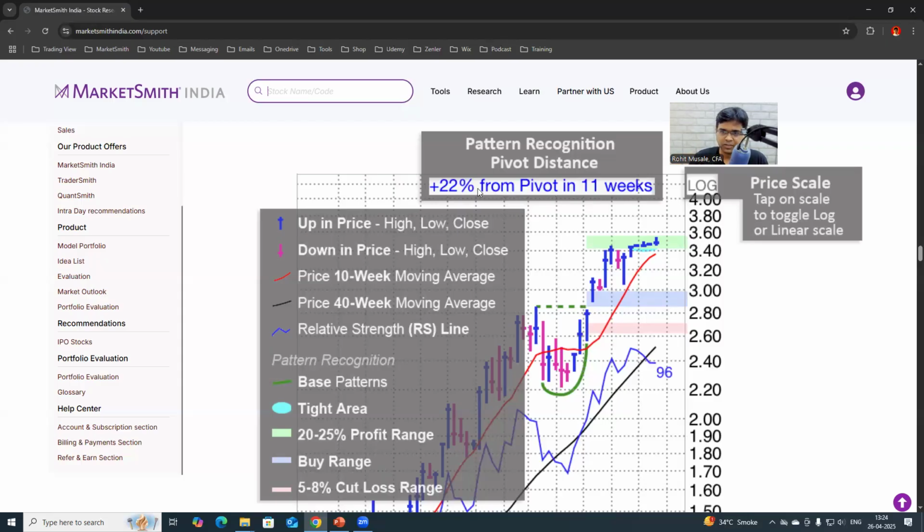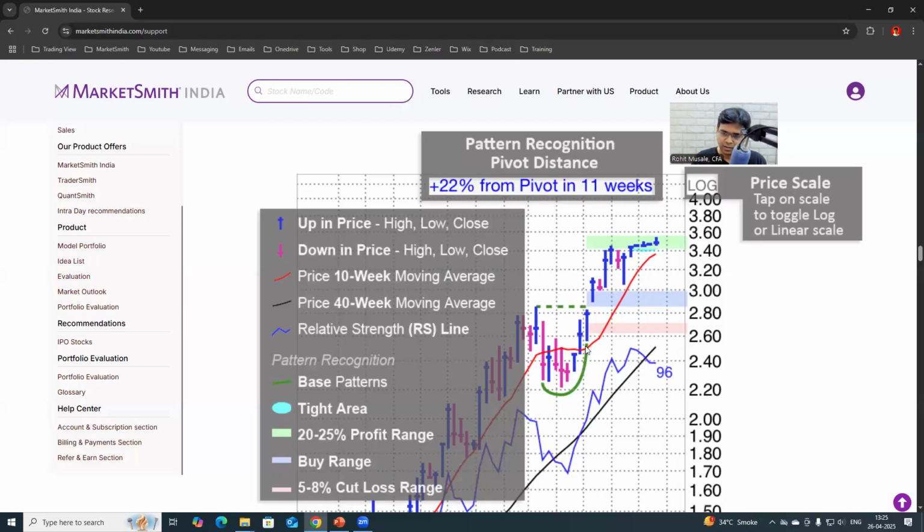But if it says 5% to pivot in black color, this is blue color, they will write, let's say, 5% to pivot or 10% to pivot. That means it still has to travel 5% or 10% to reach the pivot. And if it is above the 10-week simple moving average, then we have a clear stock ready to break out.